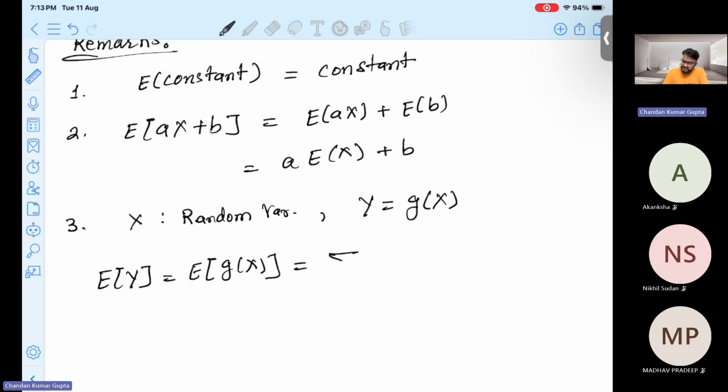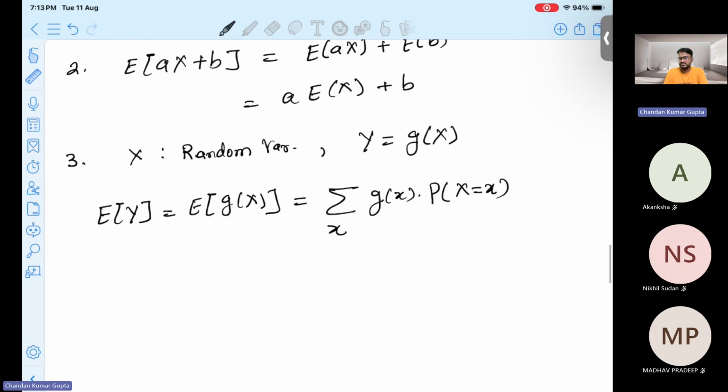This is defined as the summation of g(x) times the PMF, P(X = x). In the continuous case, just replace the summation with an integral. Because if X is a random variable, then Y, a function of X, is also a random variable. So these are some of the remarks.